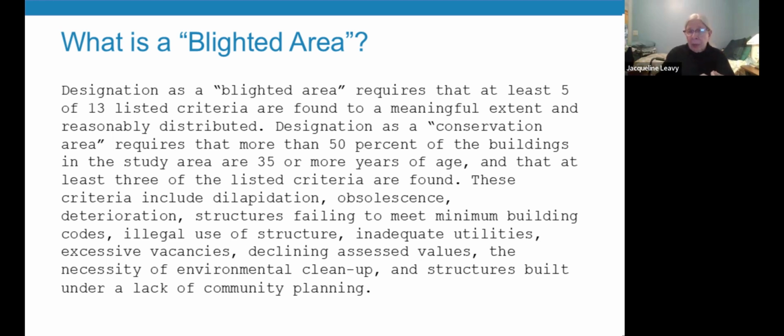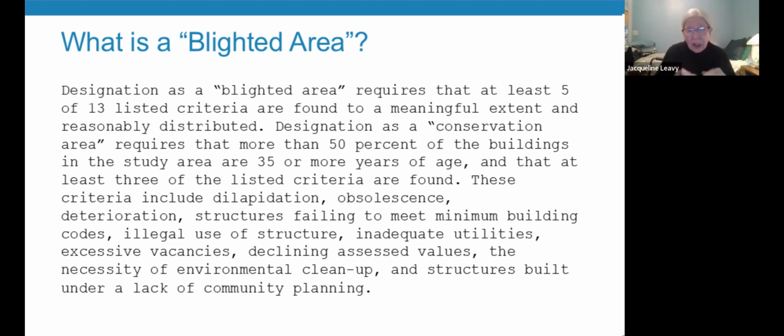If they designate your neighborhood as a conservation area, they're saying, well, you're not really totally blighted yet. And the new North Maywood TIF #1 is a great example. They acknowledge in their study, well, it's mostly pretty good to nice houses. It's a predominantly residential area, but it could become blighted.